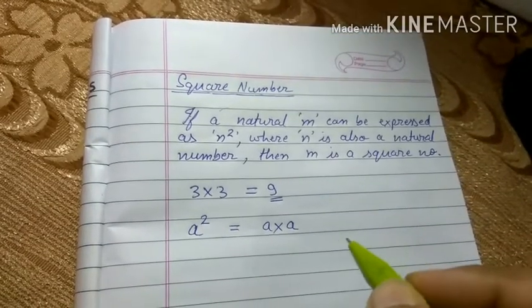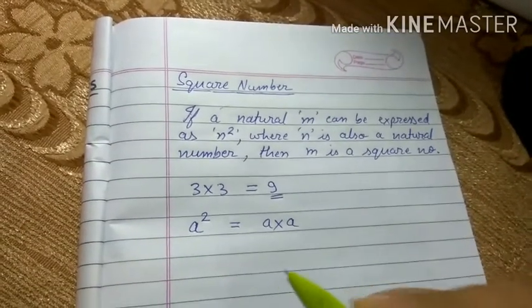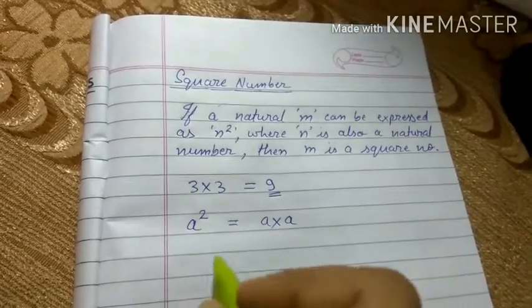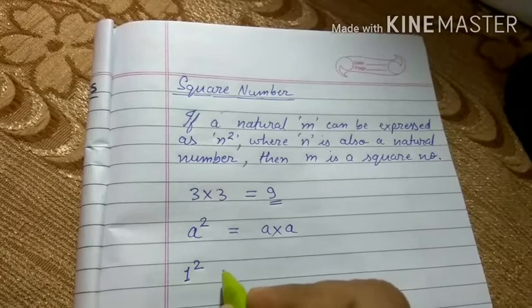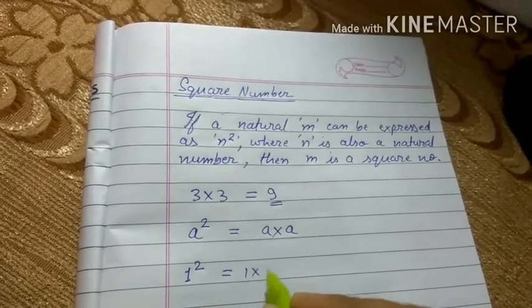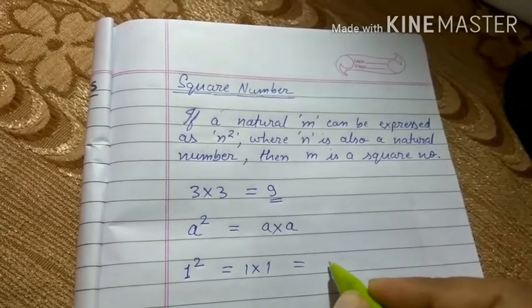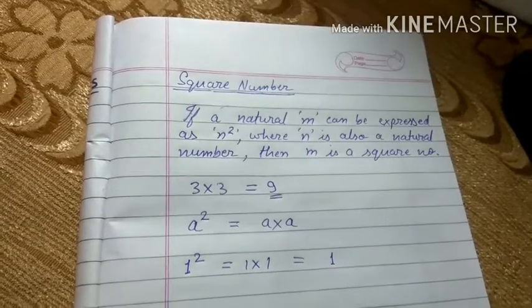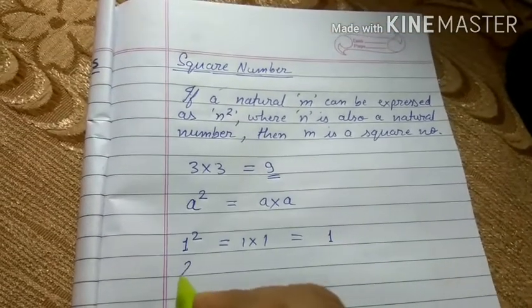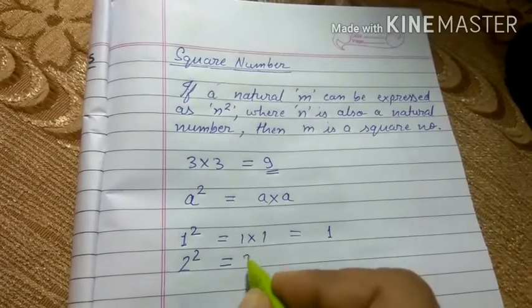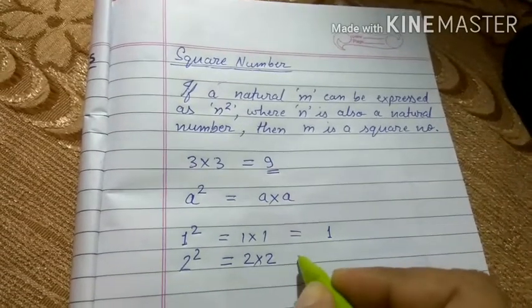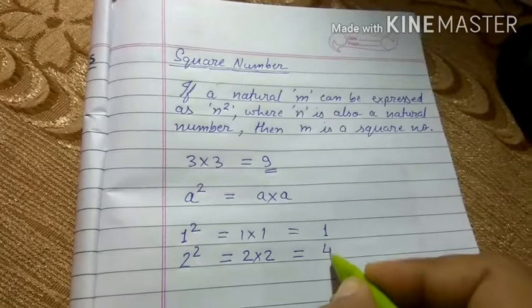I am going to write the first 10 square numbers for you. 1 square is 1 into 1, and the product is 1. Square of 1 is 1, right? What is the square of 2? 2 square is 2 into 2, and 2 into 2 is 4.